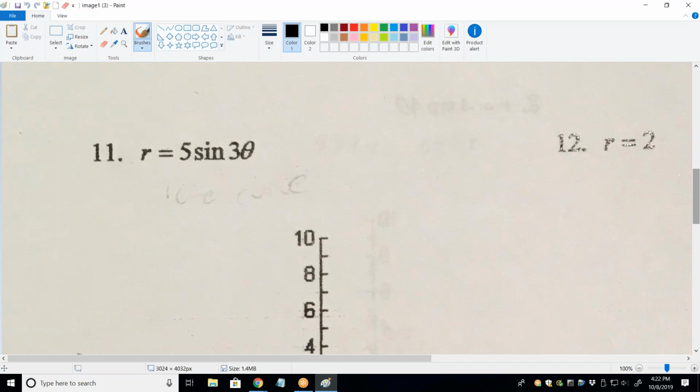In other words, unless I did number 12. If I did number 12 and converted it using the identities between polar and rectangular, I would get x squared plus y squared equals 4. Yes, sir. Or I could just recognize that r equals 2 is the equation of a circle whose center is at the origin and whose radius is 2.